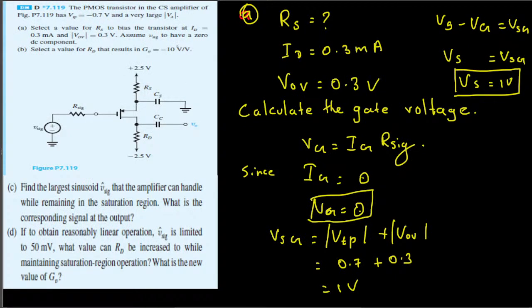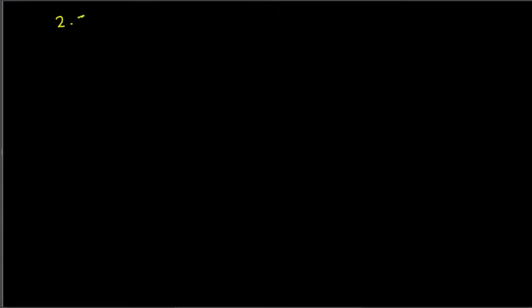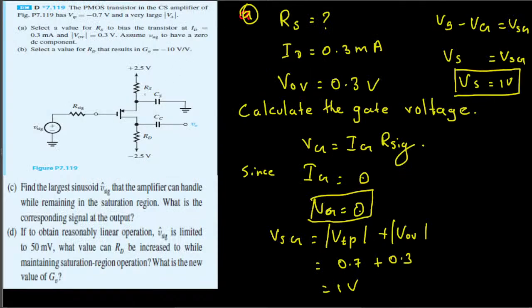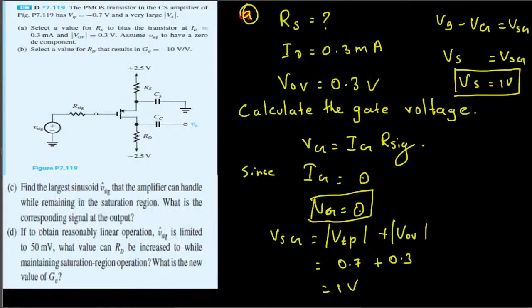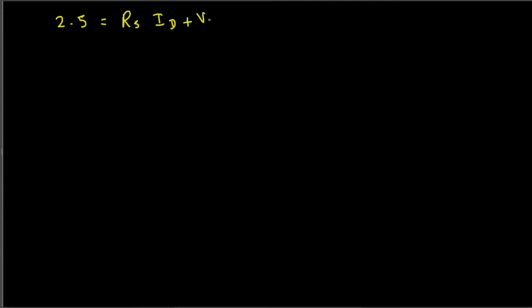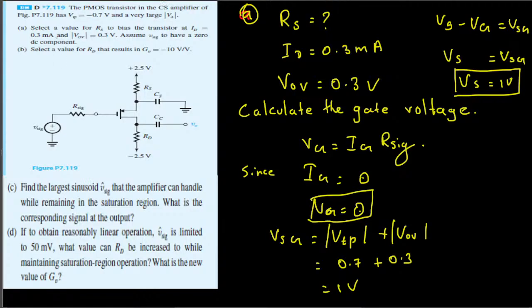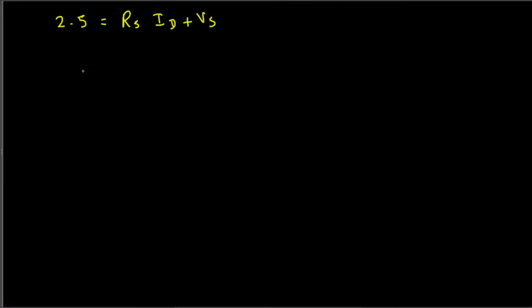So if I apply KVL over there, here we have 2.5 volts, so let's put that right here. 2.5 is equal to Rs times ID, since the current flowing through the Rs resistor is ID, and then plus Vs. This is the KVL. Here we have ID provided in the question, 0.3 milliampere, and Vs we just found to be 1 volt. Plug it all in, and we can solve for Rs.